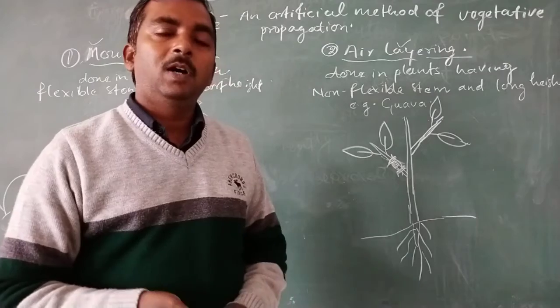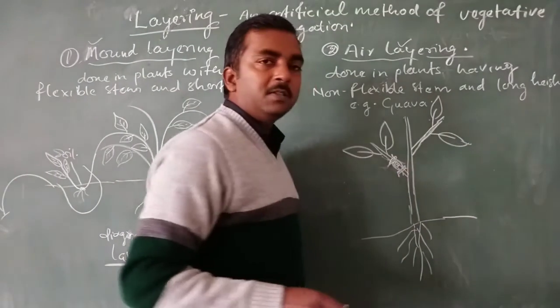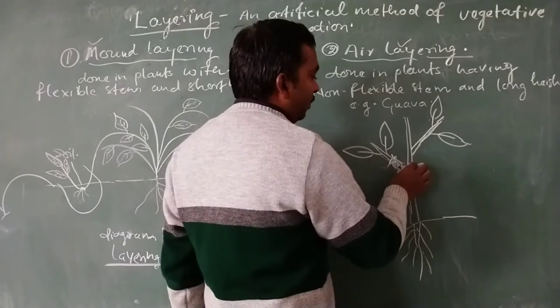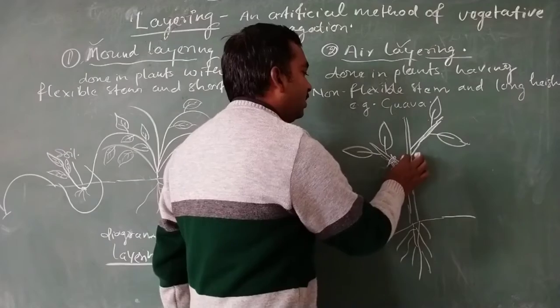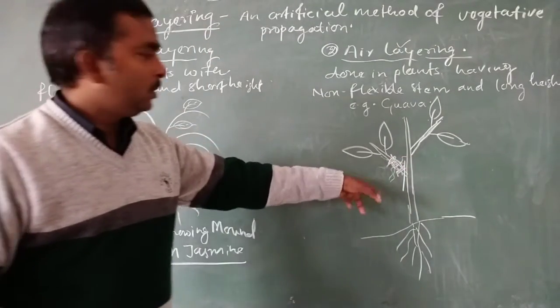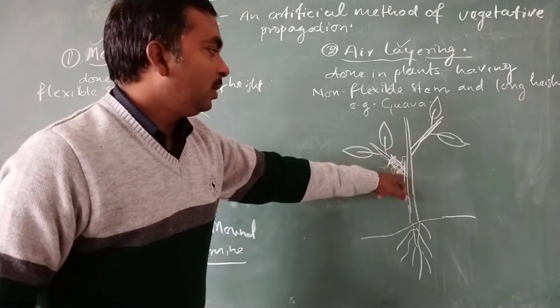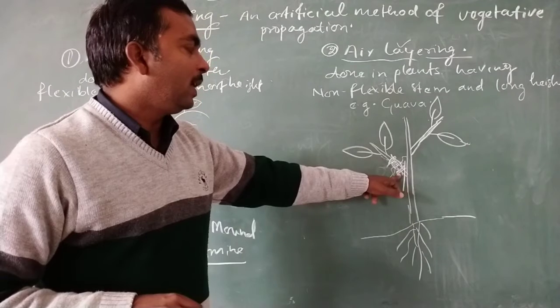After some time, or after a month, we can easily see the rooting in this region. So after rooting occurs in this region we need to cut from the area below the place where the process of layering had taken place.